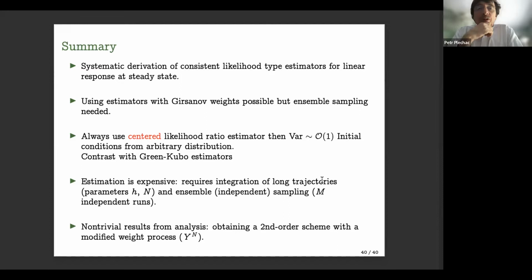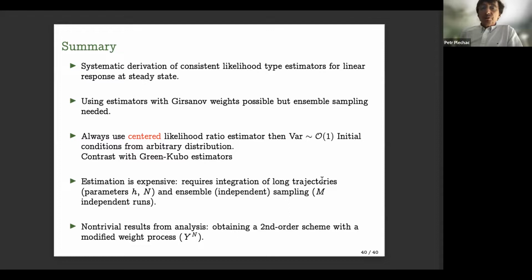concluding bullets here. What I would say, the take-home message from this is that when you estimate the derivatives of observables with respect to parameters in your stochastic system, and you want to use the likelihood ratio or log likelihood ratio approach, you should use the centered estimators, because they will give you, for a large class of problems, the bounded variance in time.